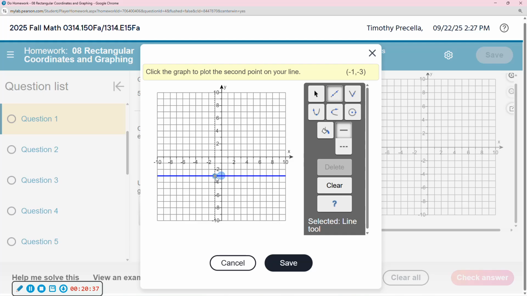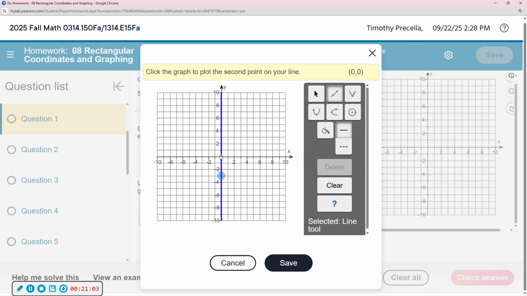Now it says plot the second point. What this little graphing tool does is at this point it's showing you every line that passes through 0, -3. But which one do we need? What's that second point? Is it 5, 0? So in terms of the words up, left, right, down, how do I get to 5, 0?